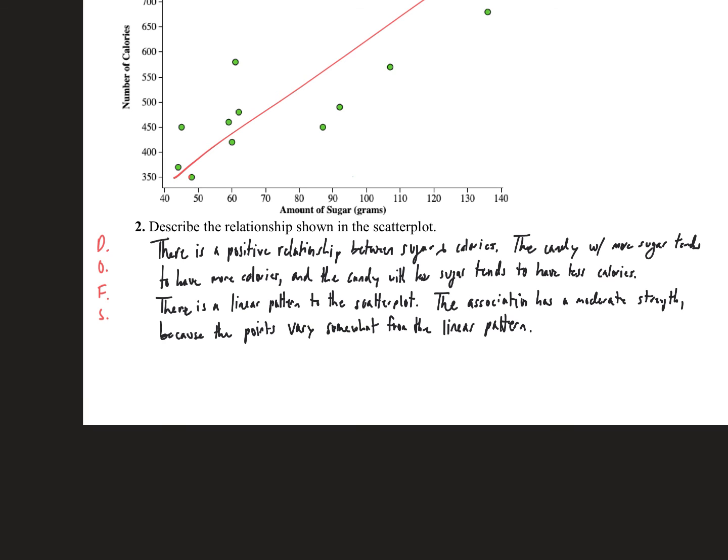The peanut M&Ms appears to be an outlier, giving its location and its information. And that's it.